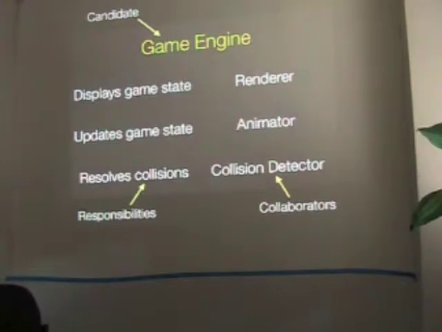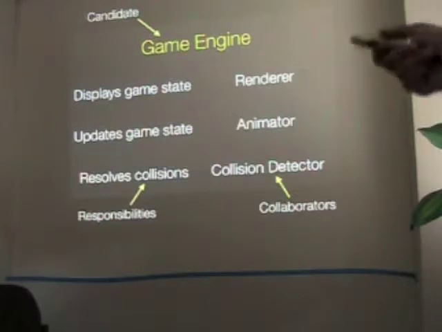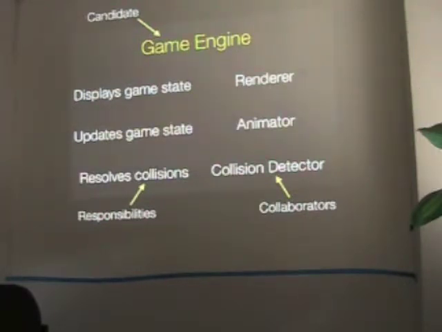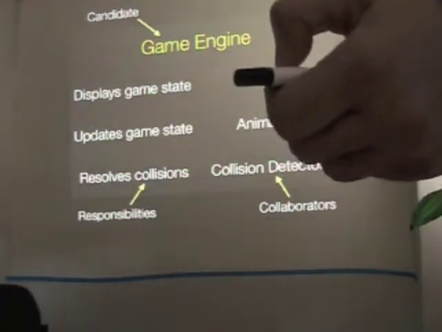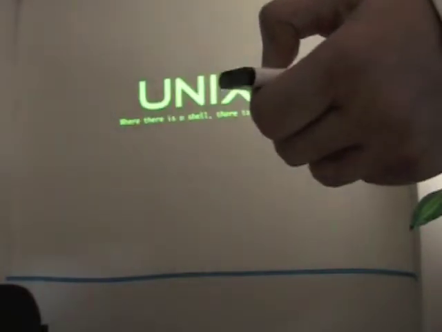I can have a fake collision detector where I don't really want to incur the expense of running a long-running test. I can have a fake animator that is not really doing a real animation, it's just faking something. Makes my test run faster. Okay? So you're basically designing for testability. You can plug in different things, you can combine different objects in different ways to customize the behavior of the system.